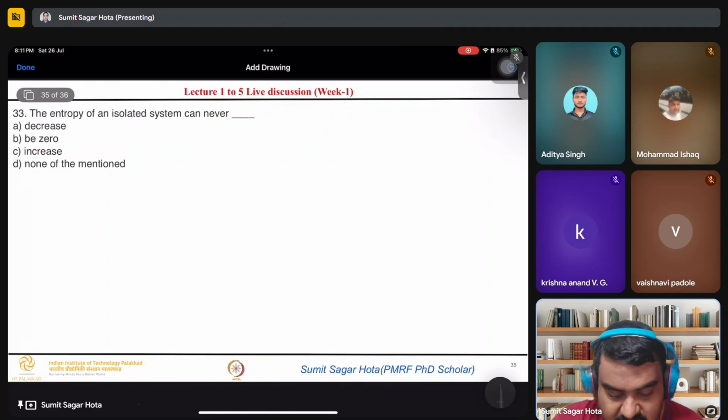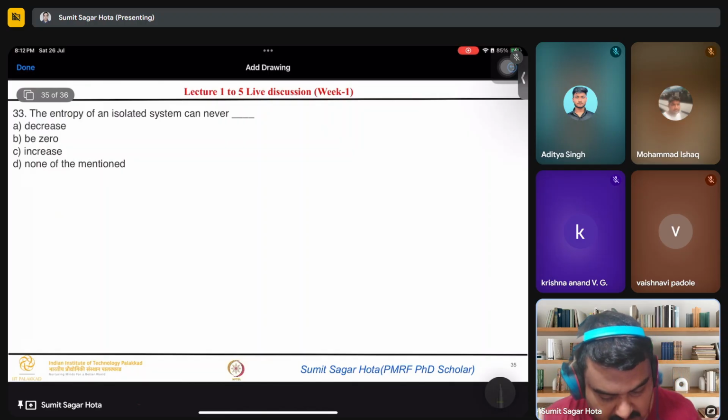The entropy of an isolated system can never... The best example of an isolated system is our Earth.